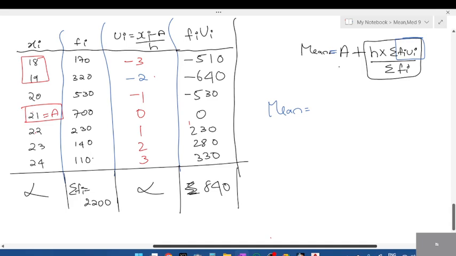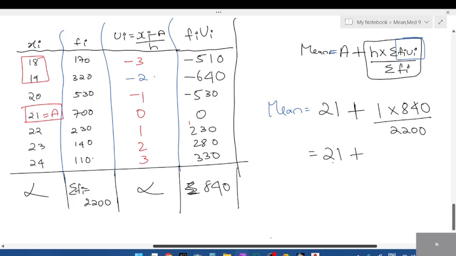So what is A value? The assumed value. Respond. What is A? A is 21 plus h value is 1 into summation of Fi ui divided by 2200, right? So 840 divided by 2.